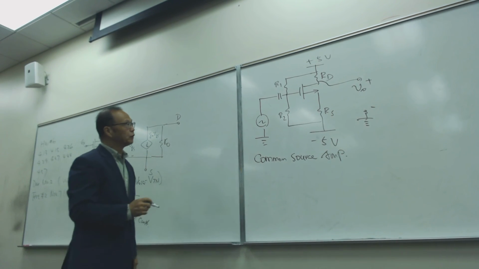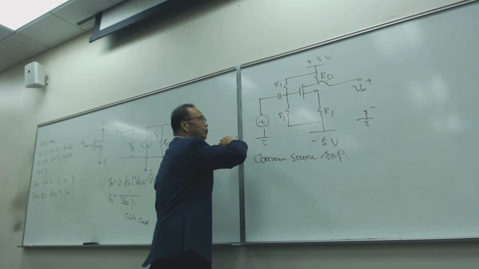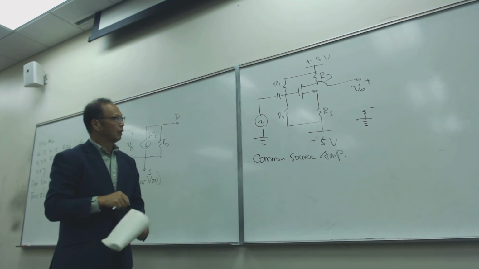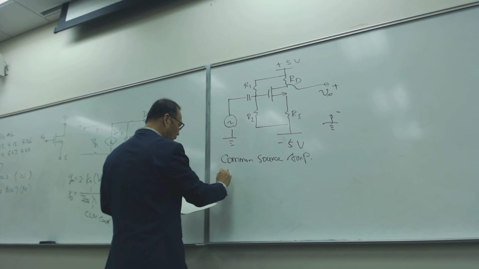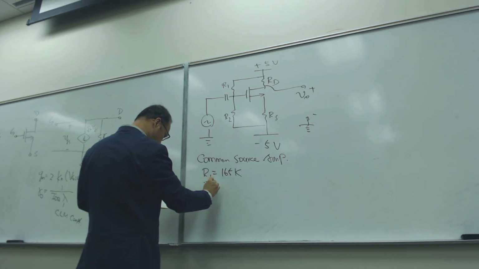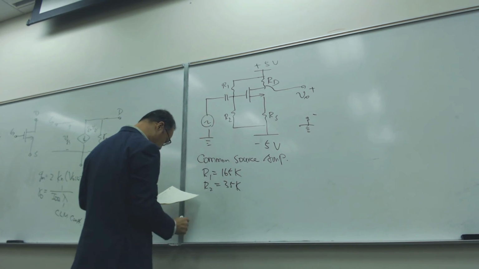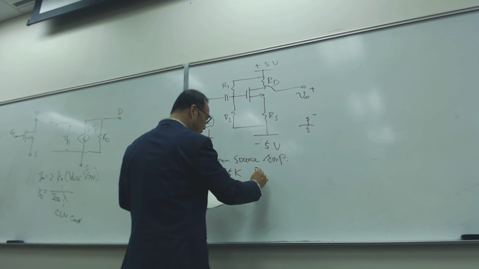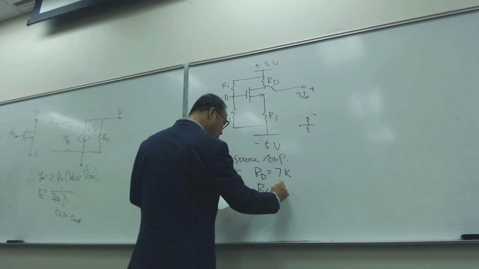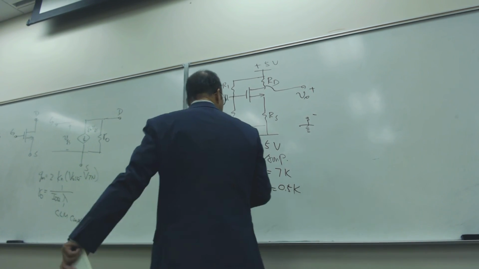So the input is connected to the gate, and the output is connected to the drain. All right. So R1 equal to 165K, R2 35K, R sub D 7K, R sub S 45K.